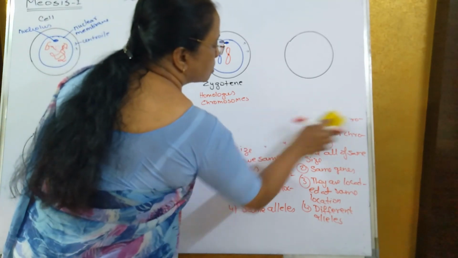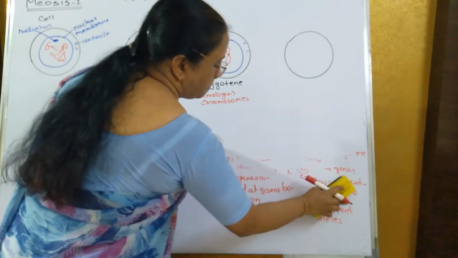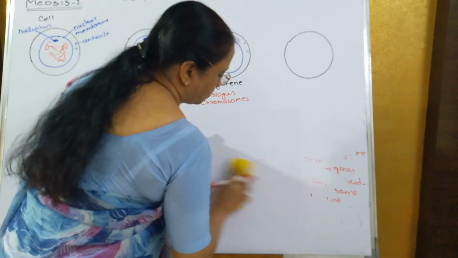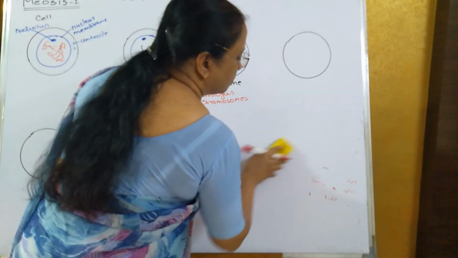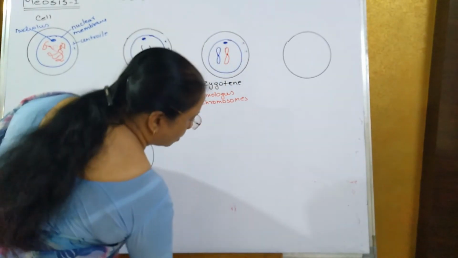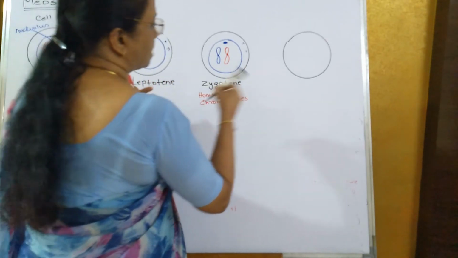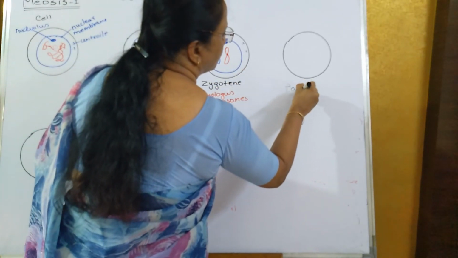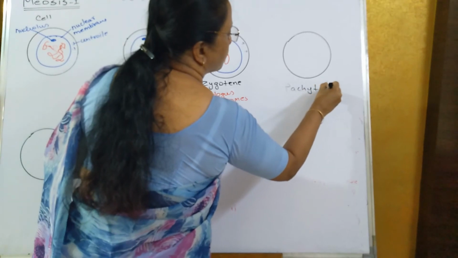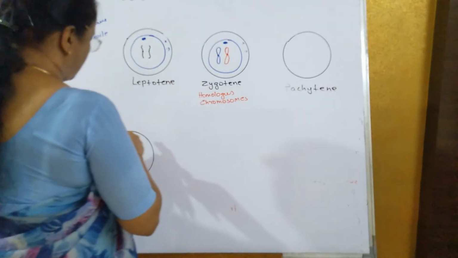Now the next step is what? Pachytene. Pachytene is the important step. Why?